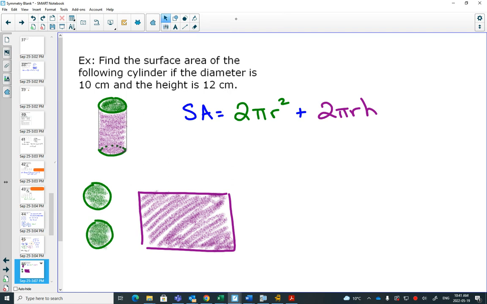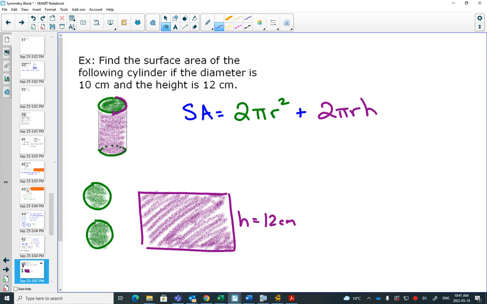Okay? You know what's super cool about the purple part? The purple part has the height here of your cylinder, which happens to be 12 centimeters, but this length from here to here, what is that called?